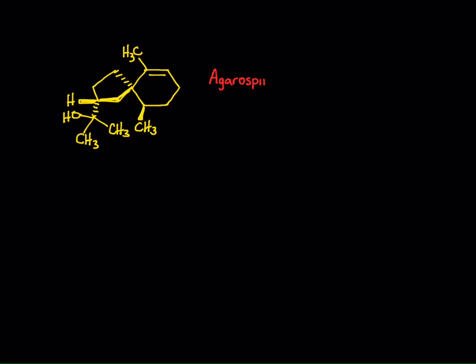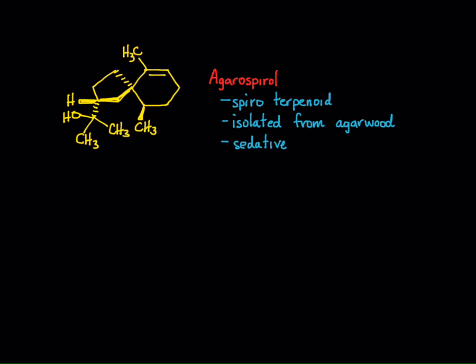This particular structure is called agarrospiral, and we call this a spiroterpenoid. Terpenoids are a class of compounds that we'll get into later on. But this is isolated from agar wood, which is where it gets its name, and it for many years has been used in Chinese medicine and Asian medicine as a sedative.